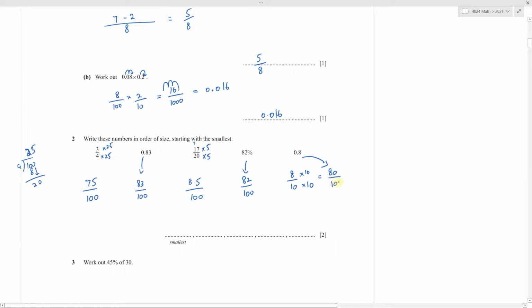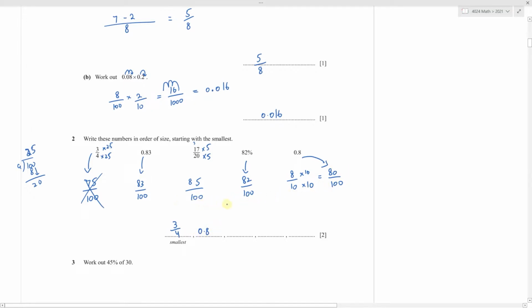Now I have all of these in fractions with a common denominator 100, so I can just compare the numerators. The smallest numerator is 75. The corresponding value was 3 by 4. So you have to write the values that are given in the question. The smallest value is 3 over 4. The next smallest number is 80, and the corresponding value is 0.8.